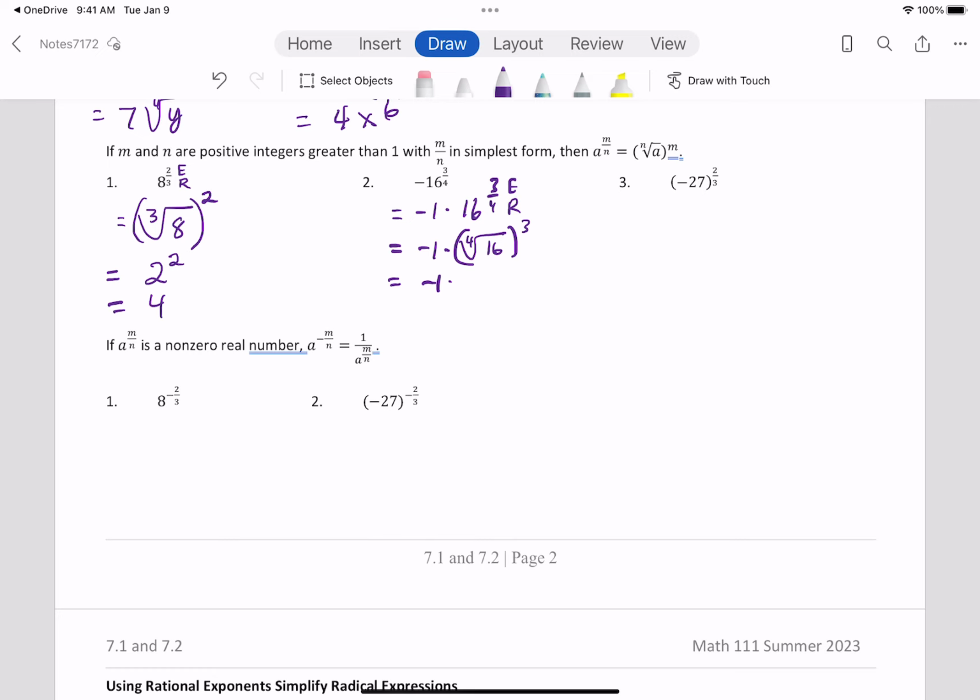So we know the 4th root of 16, we looked at that earlier. That is asking what number times itself 4 times is equal to 16. And that number is 2 raised to the 3rd still, right? So that's -1 times 2 to the 3rd is 8. So this answer is -8.